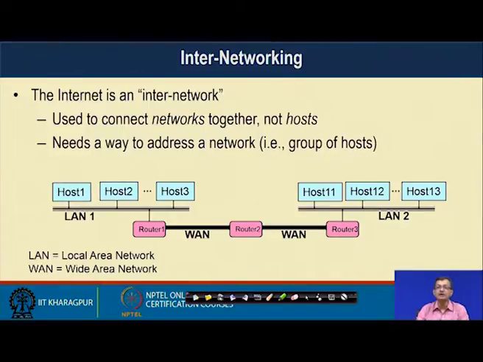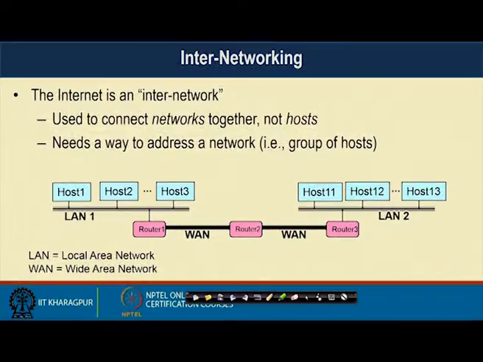Inside IIT Kharagpur, I may have different sub networks. Like the Center of Educational Technology may have a network, computer science and engineering can be a network, administration of IIT Kharagpur can be a network, and like that, right. So, there are several networks, and in other words we need a way to address these networks also, right.